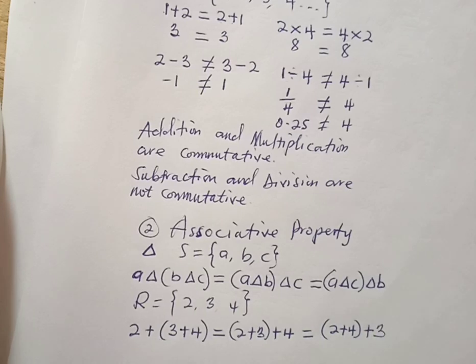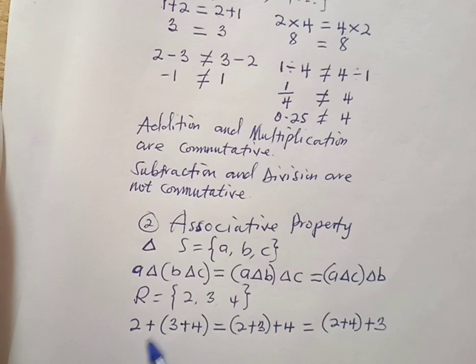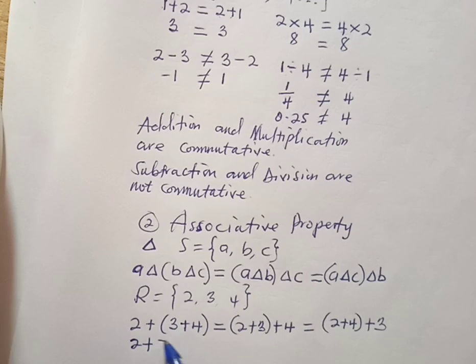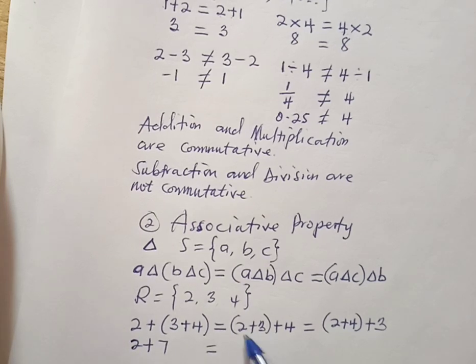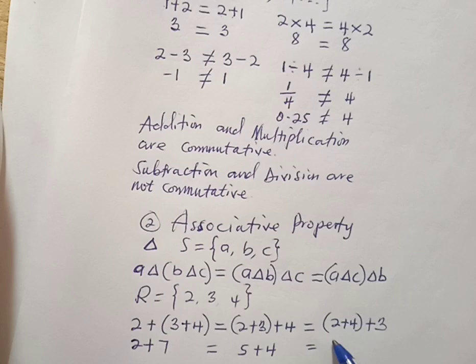So let's work out and see if they are the same. We shall always deal with what is in the bracket first. So 3 plus 4 gives me 7, which is equal to 2 plus 3 gives me 5 plus 4, which is equal to 2 plus 4 gives me 6 plus 3.